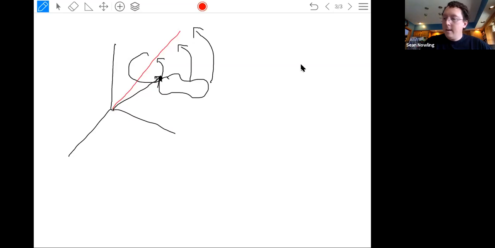Okay, and I'll put in green the radius that point would experience. So that point experiences a radius in green. And I'm going to call that radius rho.